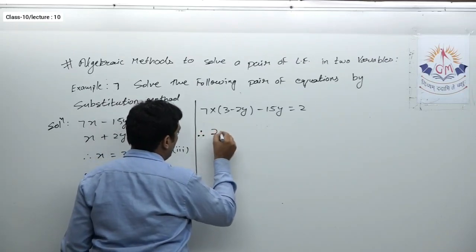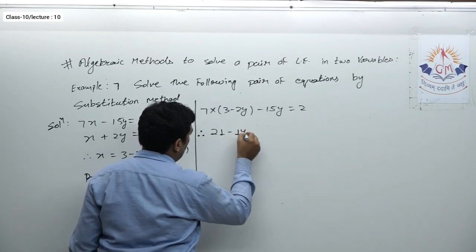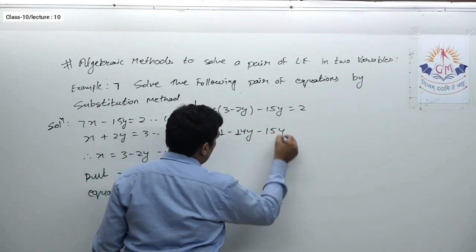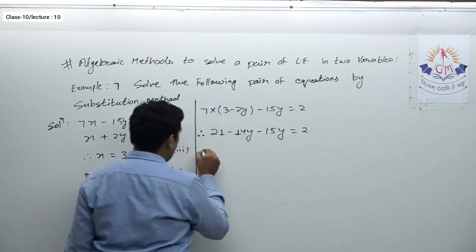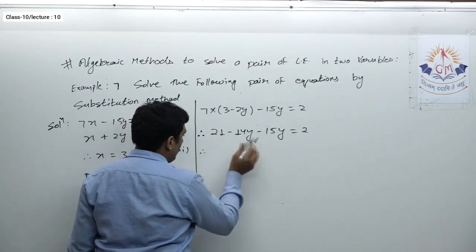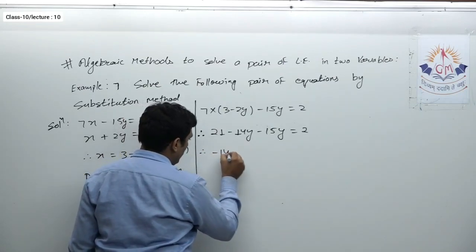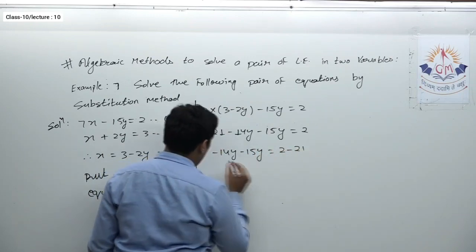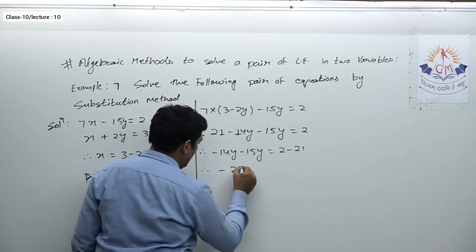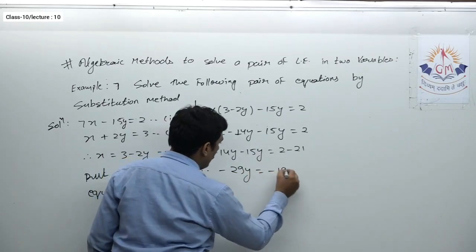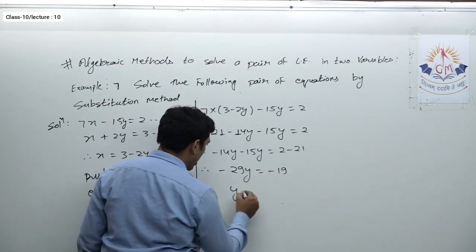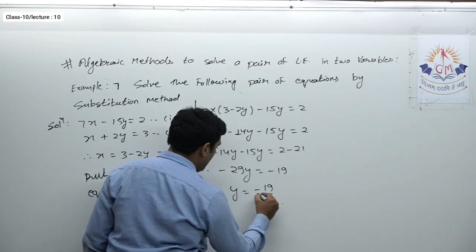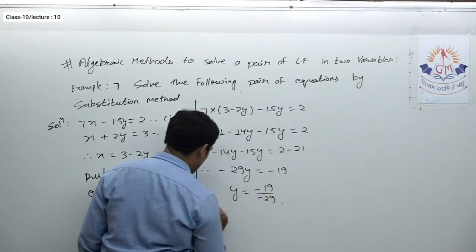So this gives you 21 minus 14y minus 15y is equal to 2. So this gives you minus 14y minus 15y is equal to 2 minus 21. So minus 29y is equal to minus 19. So y is equal to minus 19 upon minus 29.